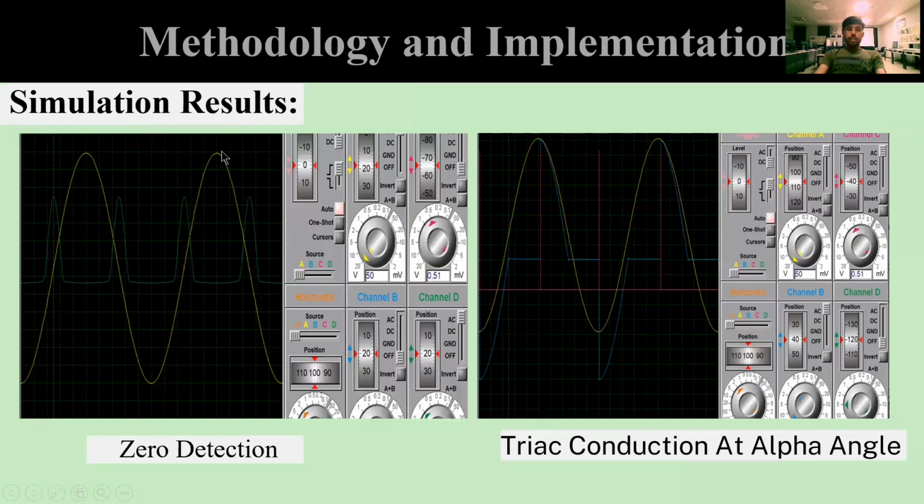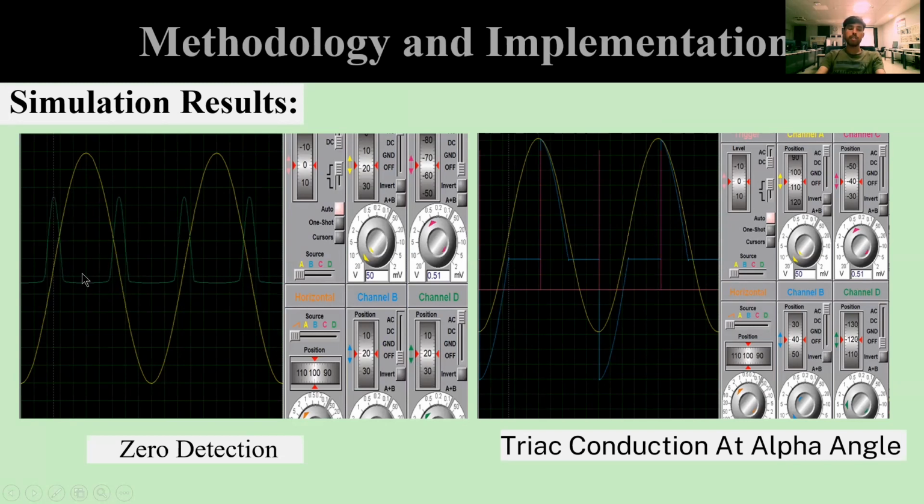These are the simulation results that we have run in the Proteus software. This is our input signal, a sinusoidal signal. Whenever this signal goes to zero reference, at that instant our zero crossing detection circuit will detect a zero crossing.